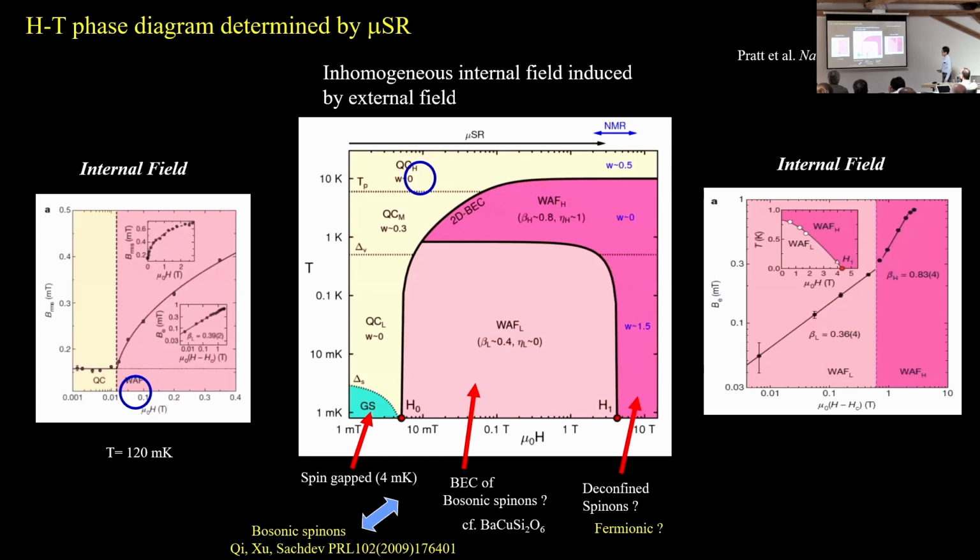One clue is this one. By muon experiments, they detected the generation of an inhomogeneous field here. Yeah, there is an inhomogeneous moment. Why do I see something at 6 Kelvin for the hydrogen, but not for the carbon?